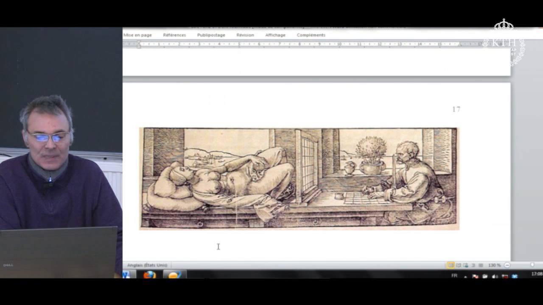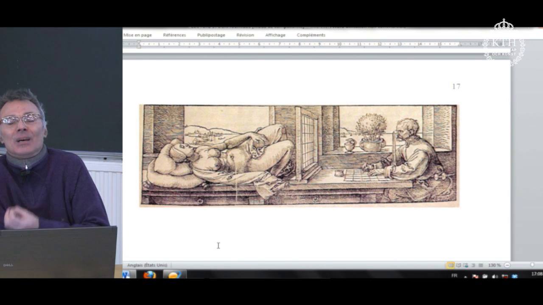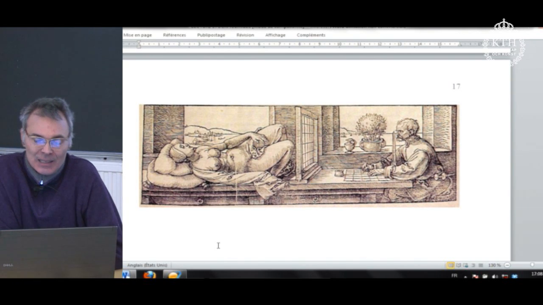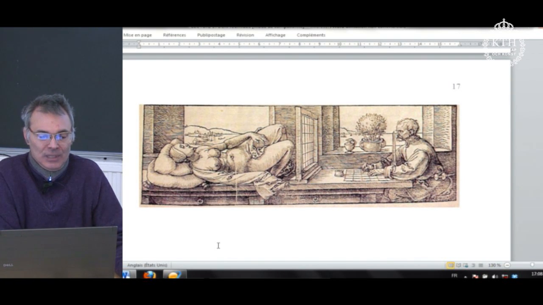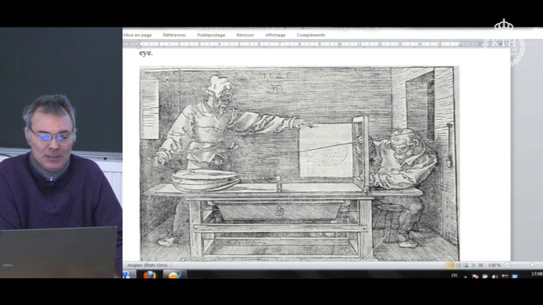What is very interesting to see is that Dürer is actually the first German theoretician of perspective in Renaissance. So he knows quite well the perspectival techniques, but still he is alluding to the optics of antiquity.